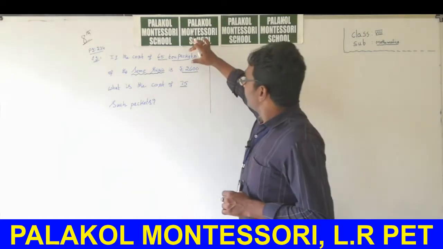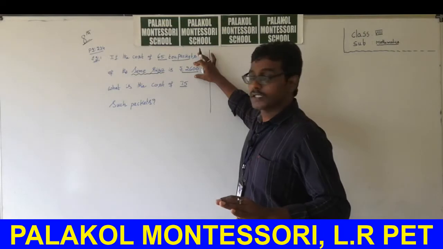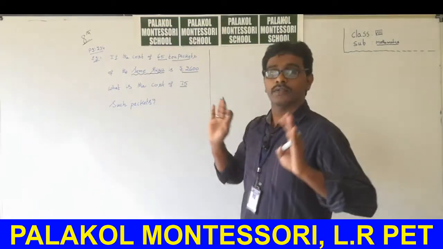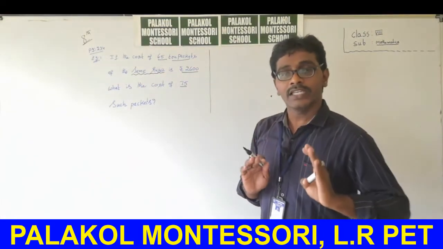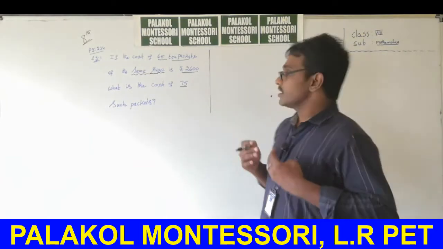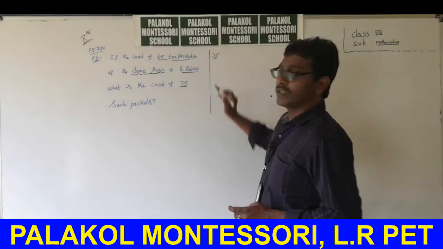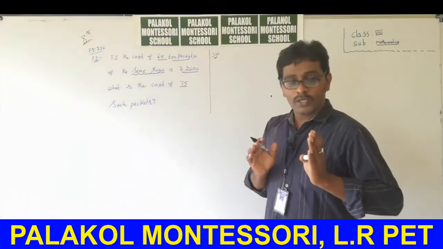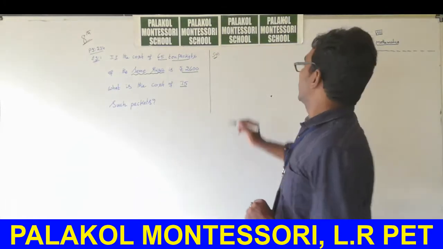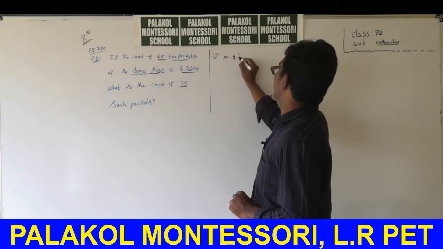So the number of tea packets and the total cost: is this relation direct proportionality or inverse proportionality? First, your identification. Guys, now I do the solution of this sum. I frame a table. In the table, your identification first. Number of tea packets.